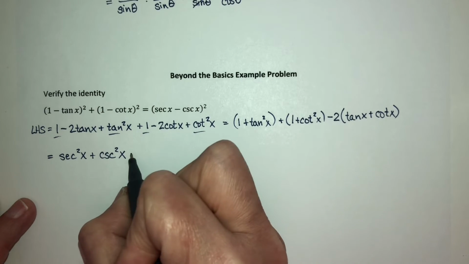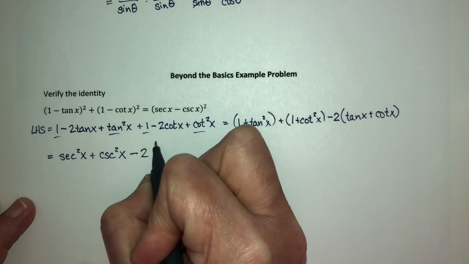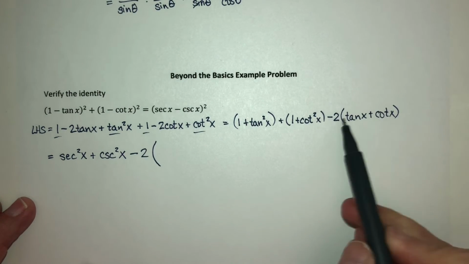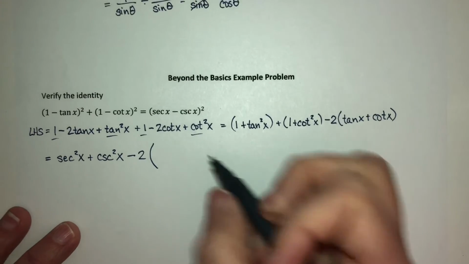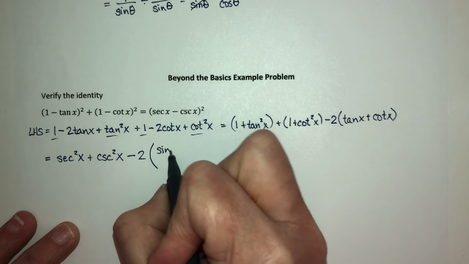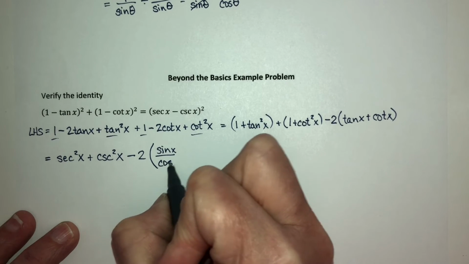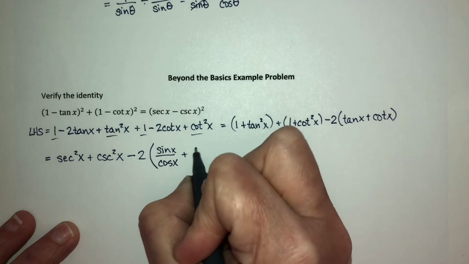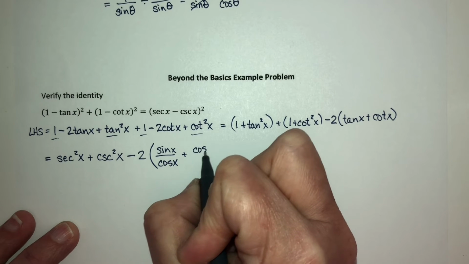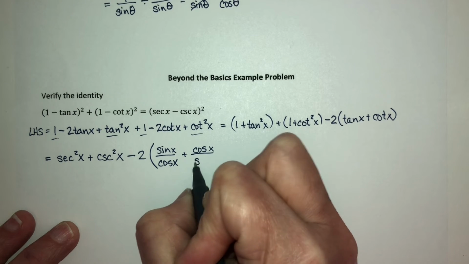Okay, and minus 2 times, let's go ahead and write these as sines and cosines. So I'll have sine x over cosine x plus cosine x over sine x.